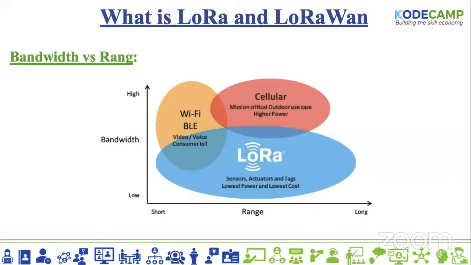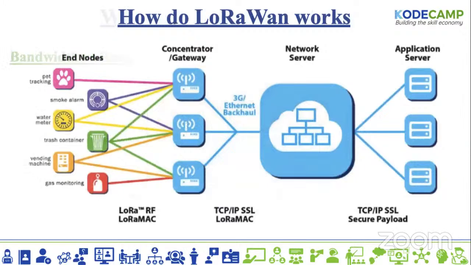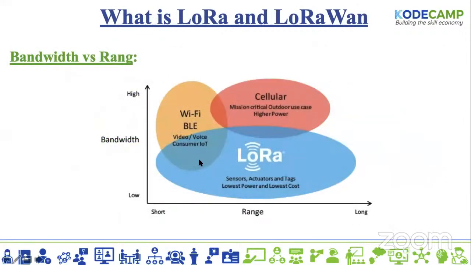But coming to LoRa, LoRa doesn't have a high bandwidth, but it has a very good range compared to all of them. It doesn't have a great bandwidth like cellular network or Wi-Fi, but it has a very good range.